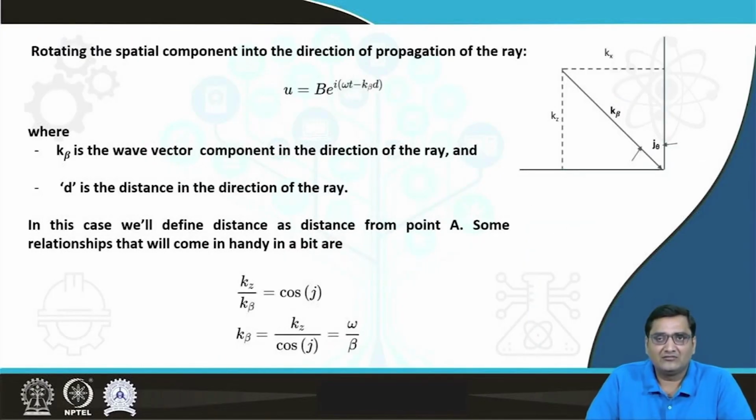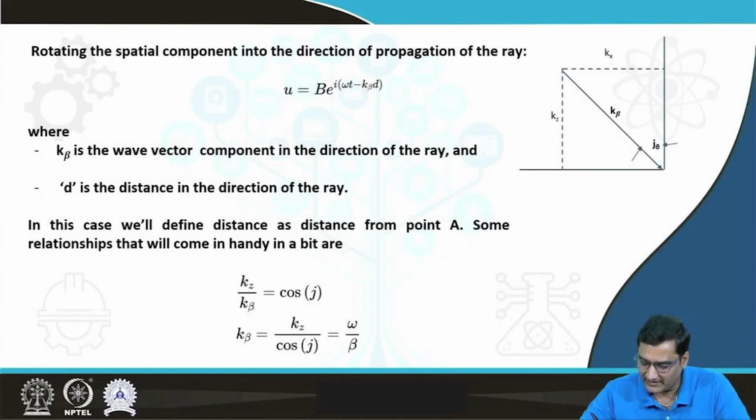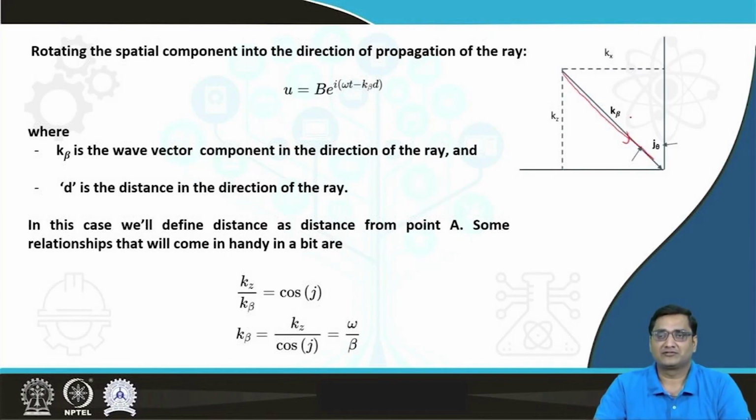So now we can rotate the spatial coordinates into the direction of the ray. That means consider the ray is traveling in this direction with the wave number k beta, because we are considering the SH wave motion, so it will have the shear wave velocity, that is beta.